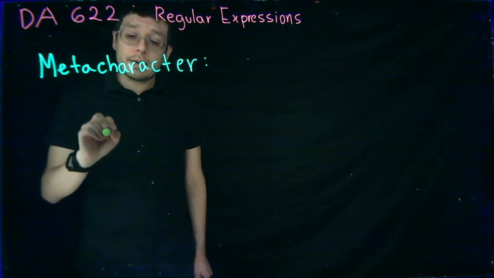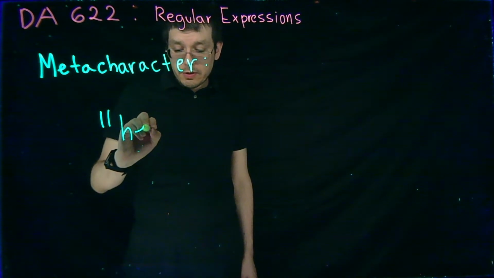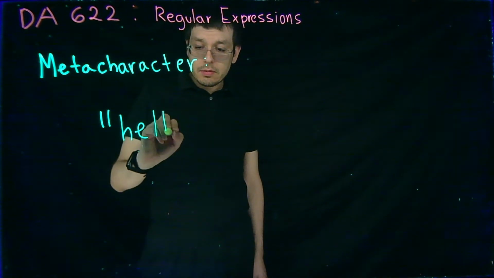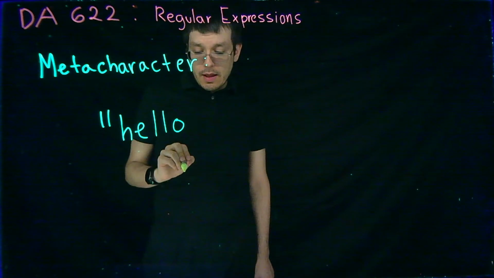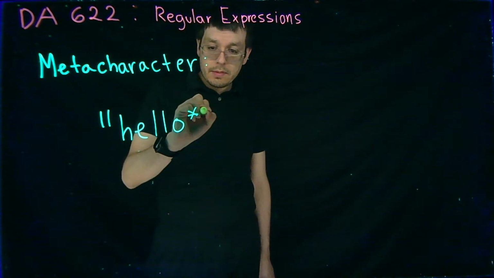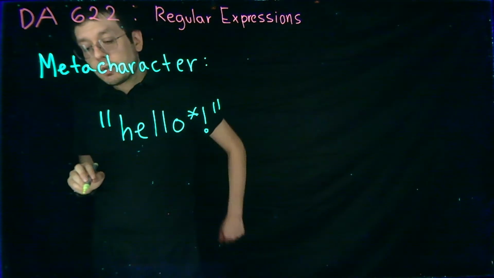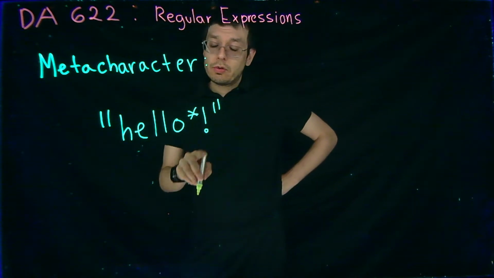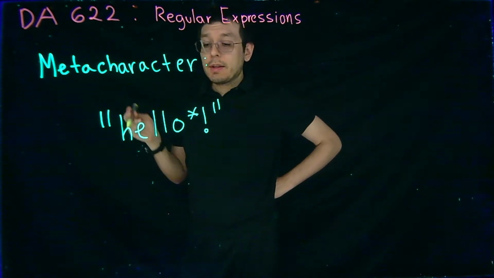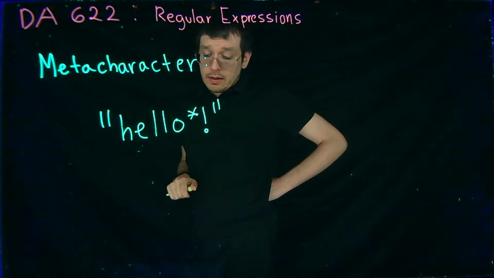So if you were writing a regular expression like hello followed by that, I believe that would allow you to repeat the exclamation point as many times as you want, because that's sort of the Kleene star.